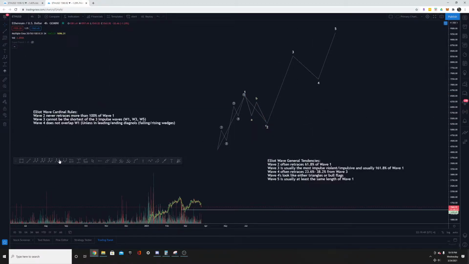Alright, then wave 3s can be face rippers. Looks like that. Wave 4s can be triangles. Like I said before, it can look like this.